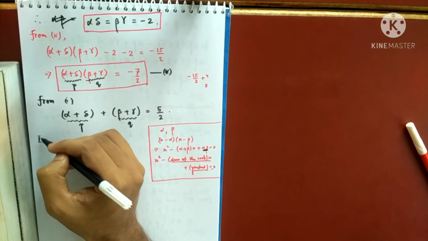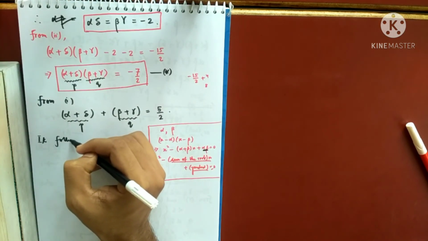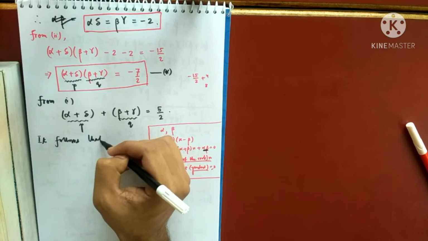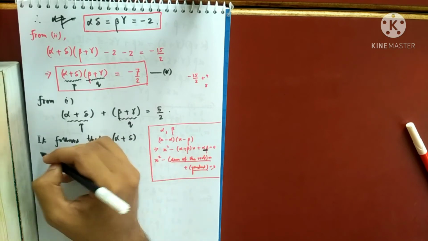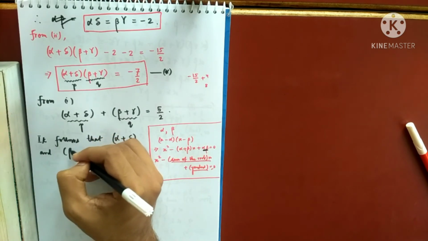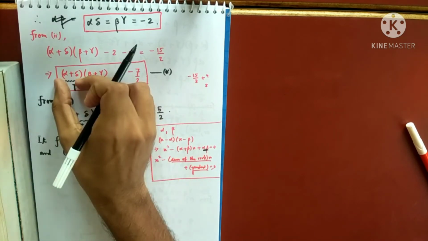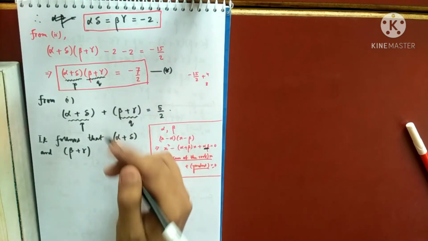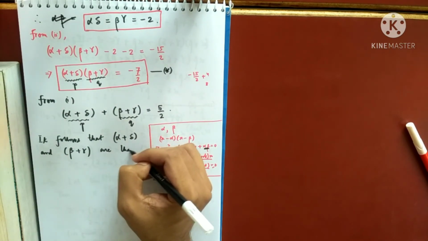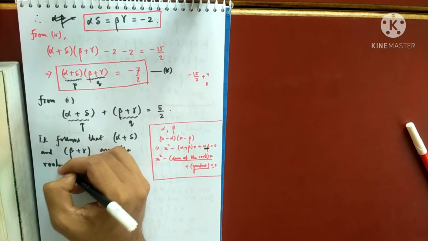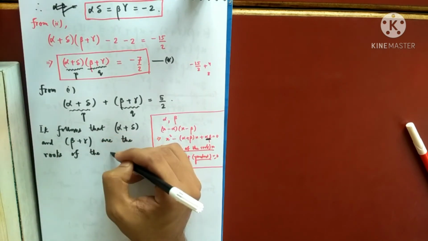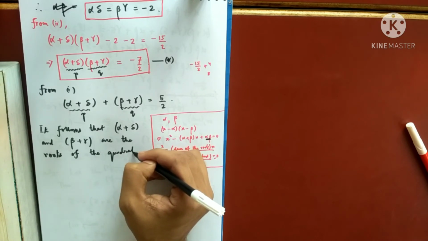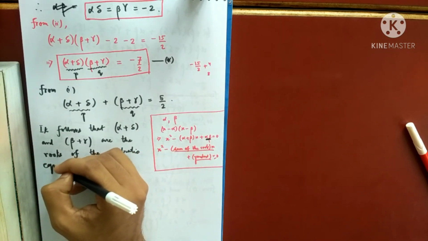So it follows that P and Q are the roots of this quadratic equation.